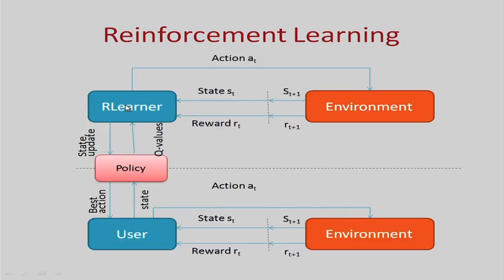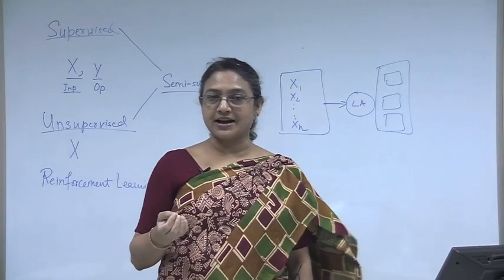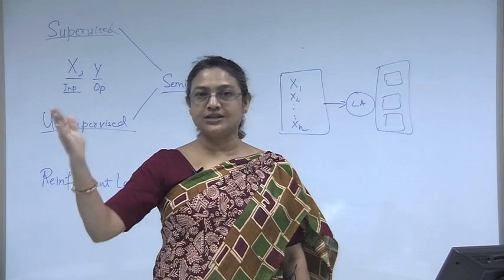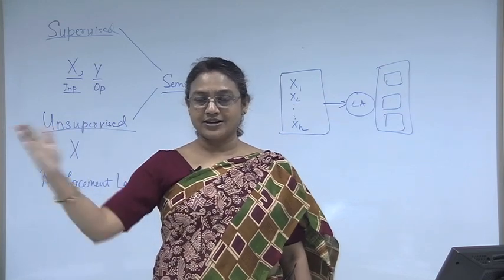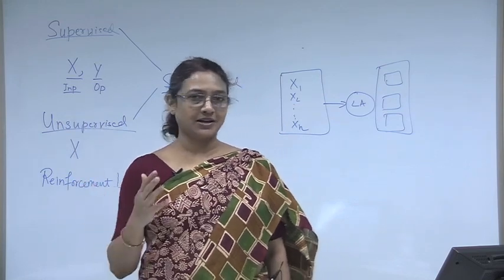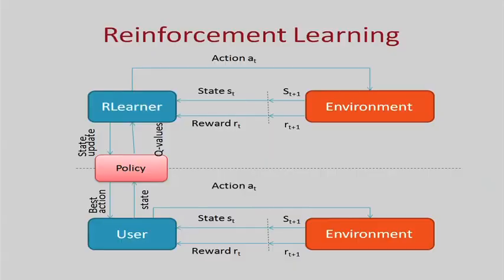And the reinforcement learner, what it will do is, it will learn a policy. That is, given a state, what action to take, so that not only the short term reward is optimized, but the overall utility of the agent over its entire time horizon is optimized. So, this is what reinforcement learning is about.